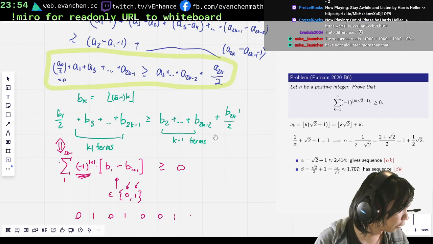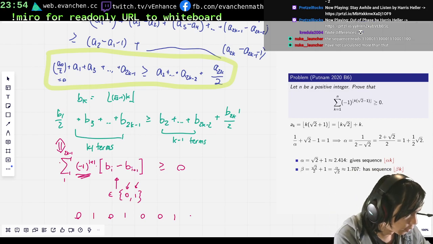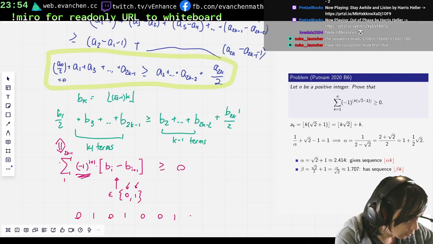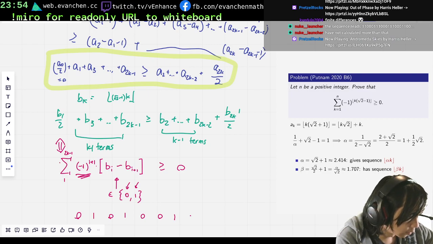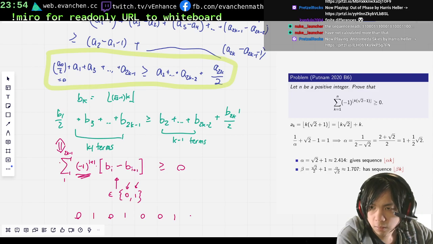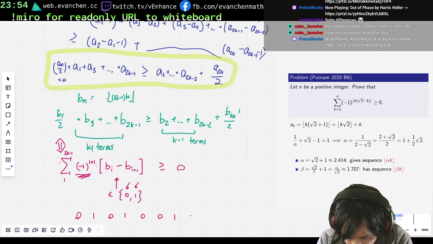Yeah, this is the same word that Andrew found, except with, wait, let me check. 1, 1, 2, 2, 3, 3, 3. It might not be quite the same one actually. I'm just confused at this point. I'm confused why this -1 to the I plus 1 showed up during this calculation.